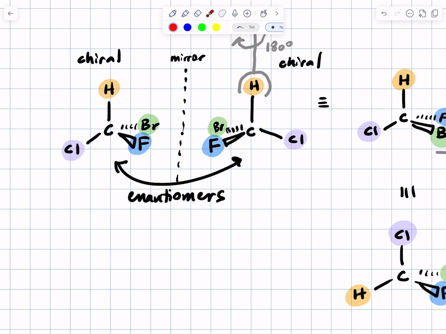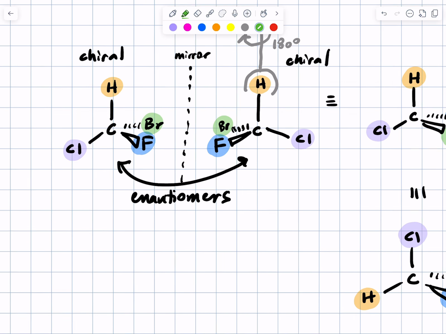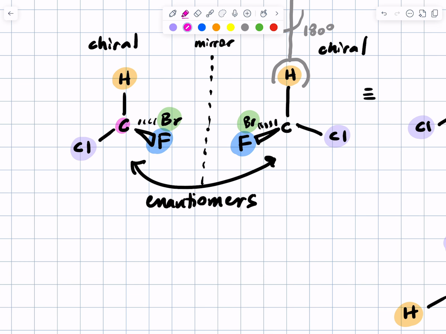One of the ways you can generate chirality, the fundamental definition of chirality is that the molecule has to be not the same as its mirror image. But one of the ways that you can be chiral is to have what we're going to call a stereocenter. And I'm going to highlight in pink the stereocenter.